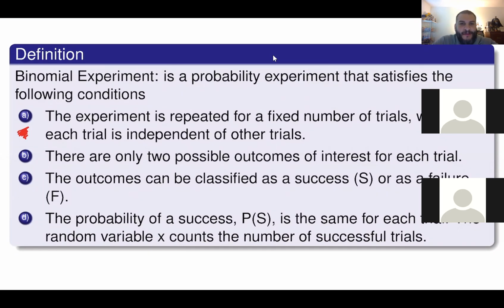They can't just tell you we're going to flip the coin until we get 20 heads. In order for it to be considered binomial, they have to tell you we're going to flip the coin 40 times, or 50 times, or just 5 times. So they have to tell you how many times they're going to flip the coin.